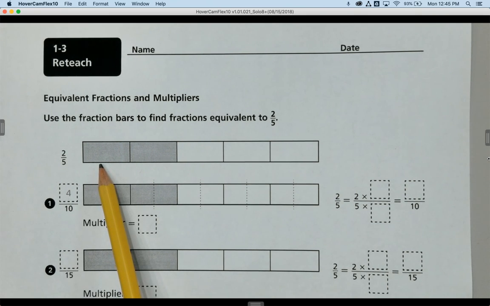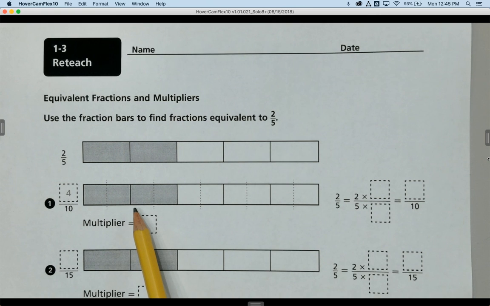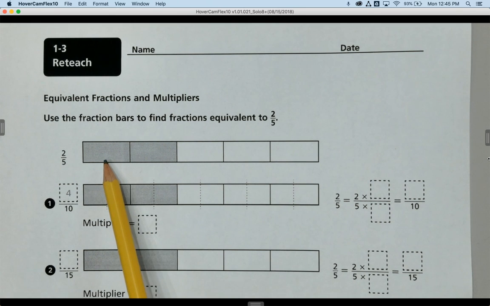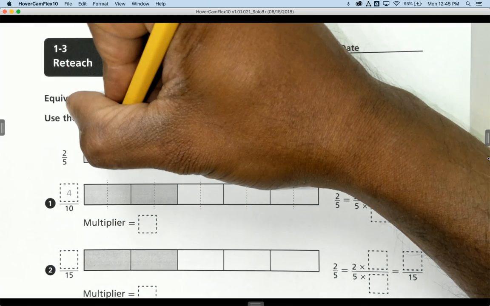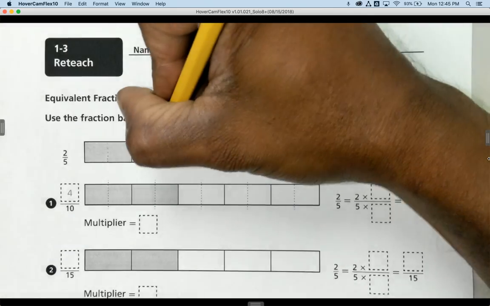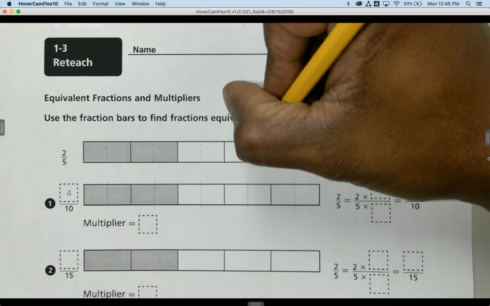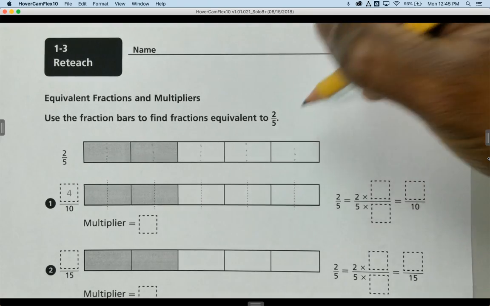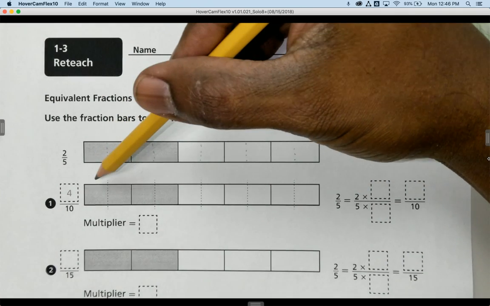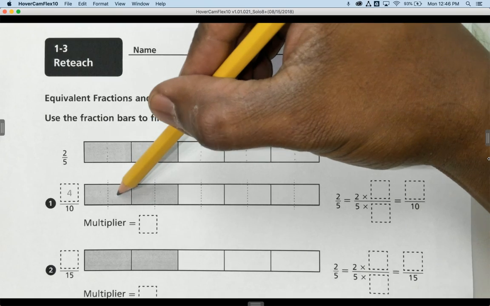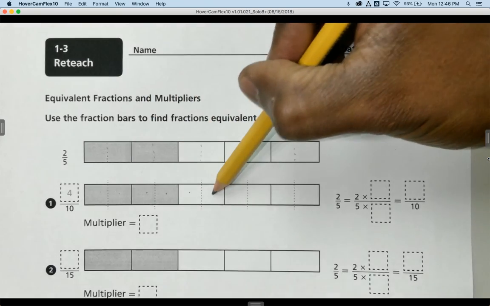Good. Taking a look at number 1, imagine that we took each of those unit fractions, each of these 1/5, and split them into 2. Now, you could say that each of these represents a 1/10.